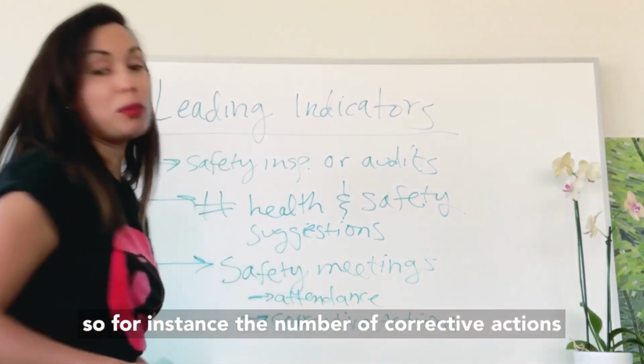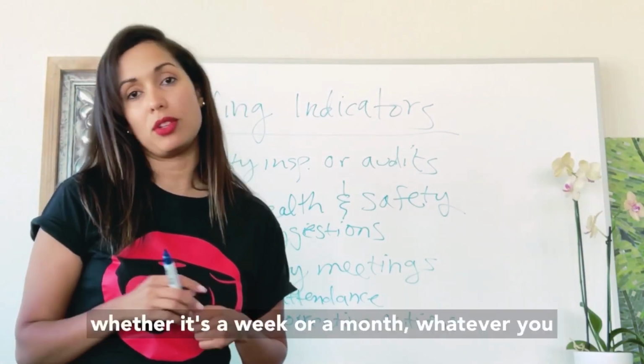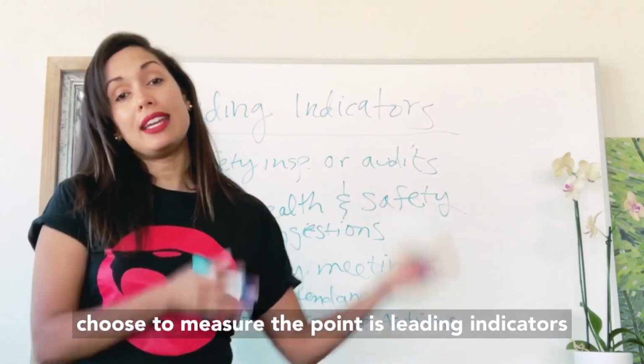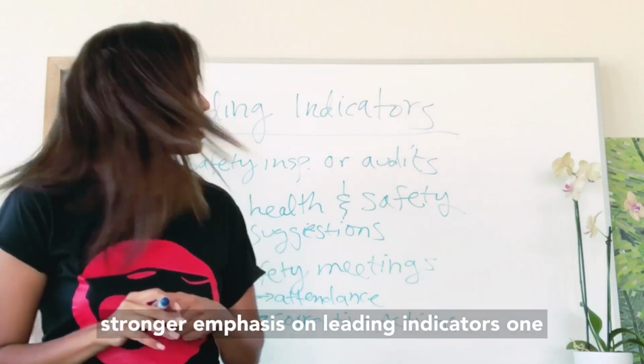So for instance, the number of corrective actions that were closed for that particular time frame, whether it's a week or a month, whatever you choose to measure. The point is, leading indicators help reduce injuries, and there should be a stronger emphasis on leading indicators.